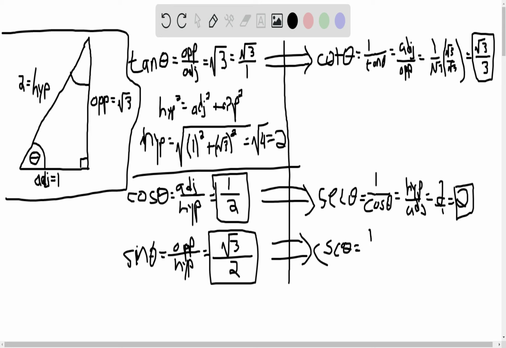And the cosecant of theta is equal to the inverse of the sine of theta. So we can flip opposite over hypotenuse to get hypotenuse over opposite, and that equals 2 over the square root of 3.